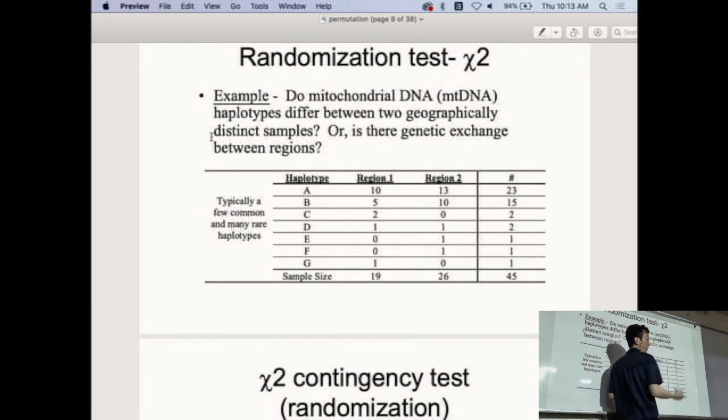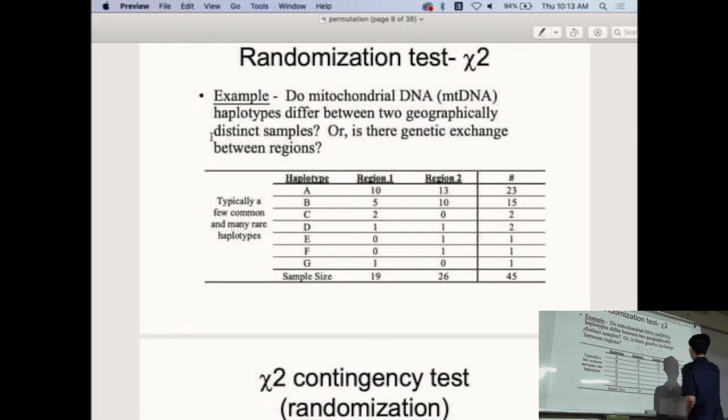So what is Eij? Eij will be the total number 45 multiplied with Pij. Okay? So every cell is calculated following this formula. That is the expected number, assuming independence.